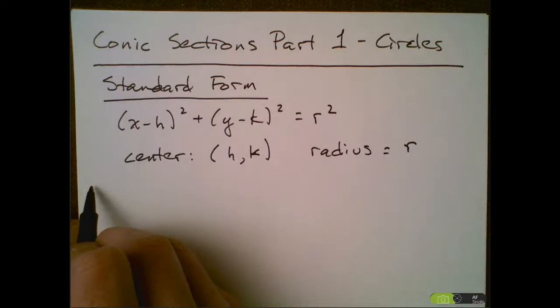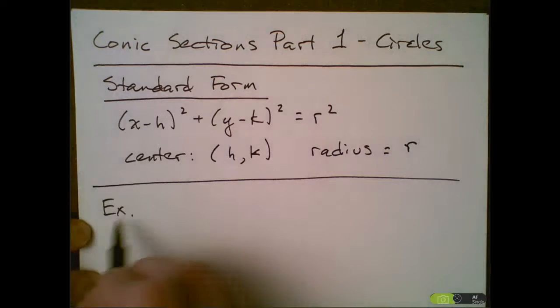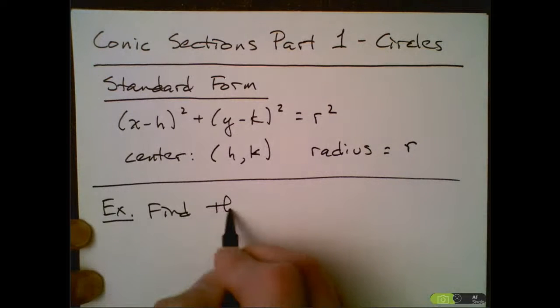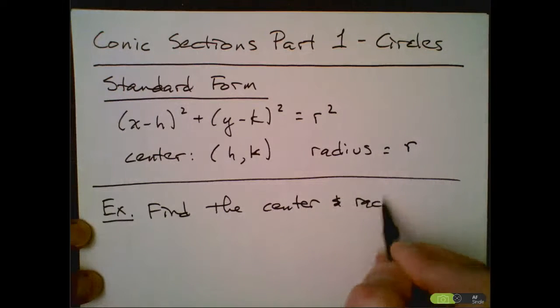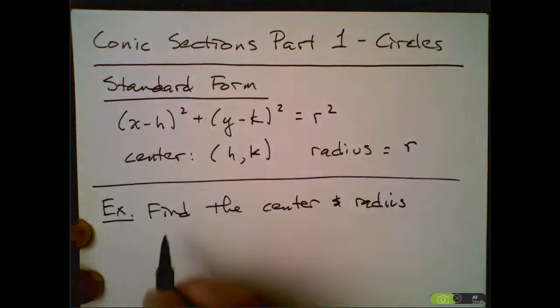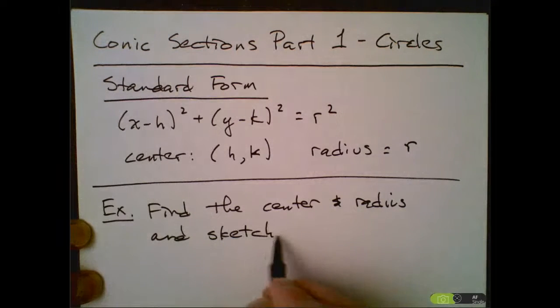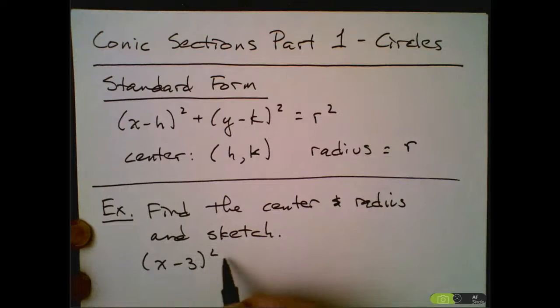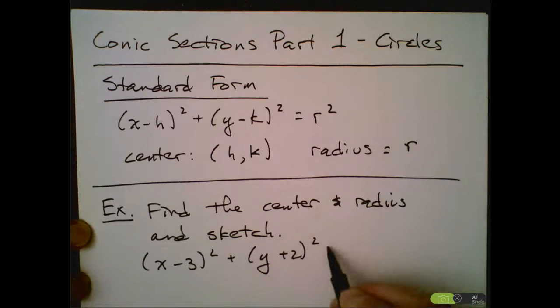So for example, if we want to find the center and radius and sketch, and let's say we have x minus 3 squared plus y plus 2 squared is equal to 9.